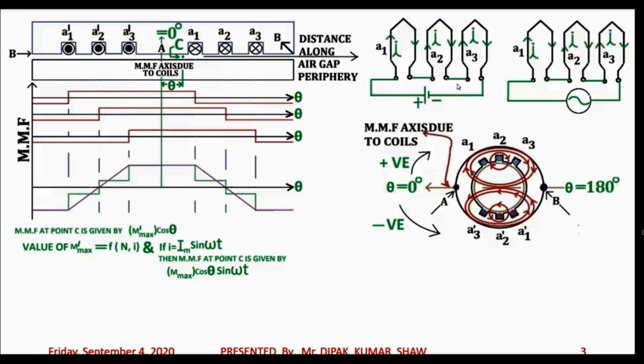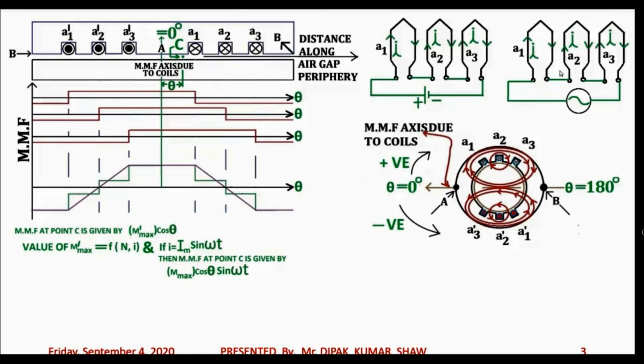But if the coils are connected to some DC source, carrying direct current, then the current magnitude is not changing with time. In that case the MMF in the air gap periphery is a function of space angle theta only.